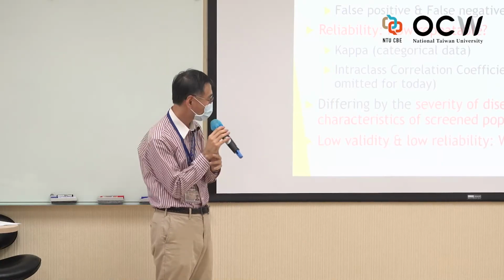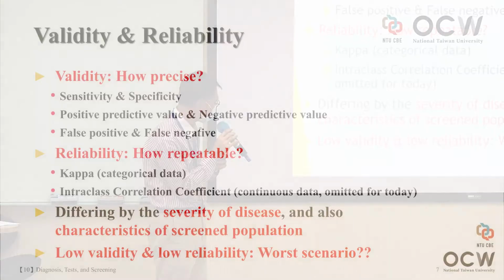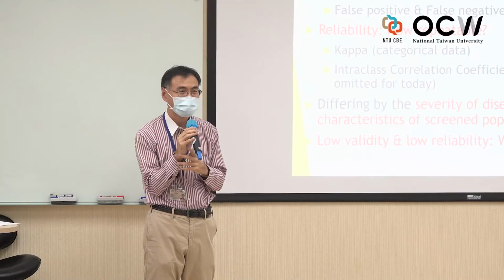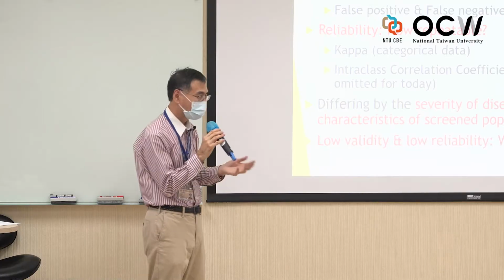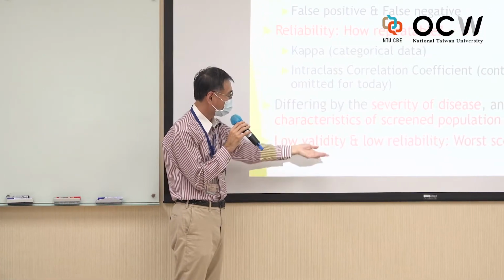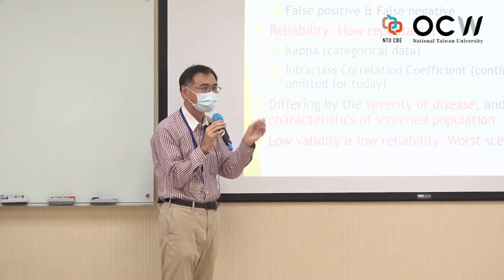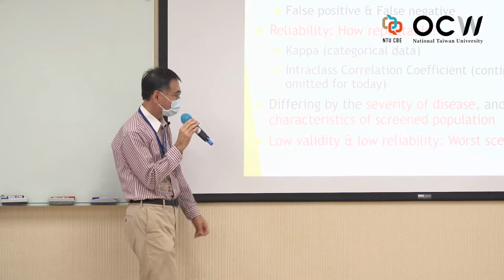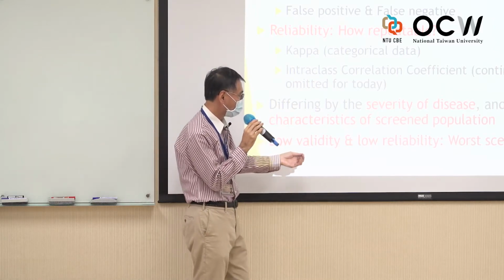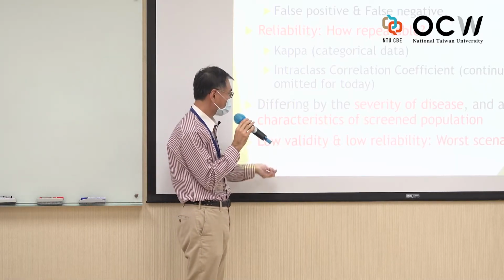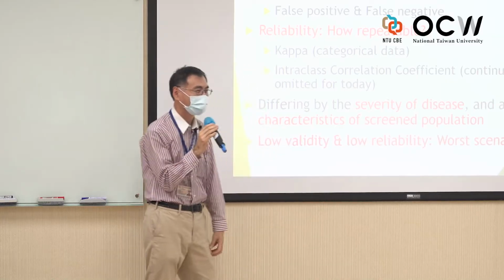But is the worst scenario low validity and low reliability? No. If there's a tool showing low validity and low reliability, we don't use it. We throw it in the bin, right? Yeah. Okay, but if it's high validity but low reliability, think about it. Or low validity but high reliability?